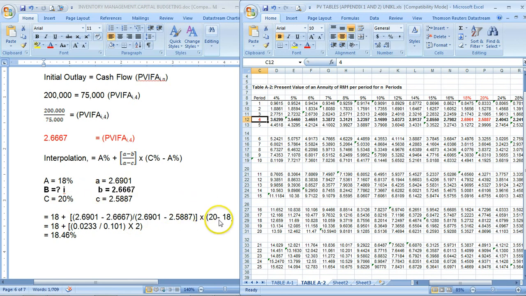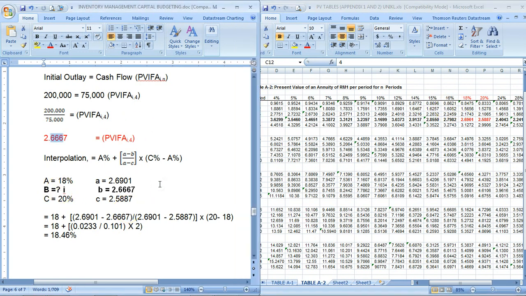A common student mistake is 0.2 minus 0.18. No need. You can ignore the percentage. You use only 20 minus 18 in your calculator, and then you get your answer. Make sure your answer is between 18 and 20. If you got something outside of that, something is wrong. The answer must be between 18 and 20, because the table says so.